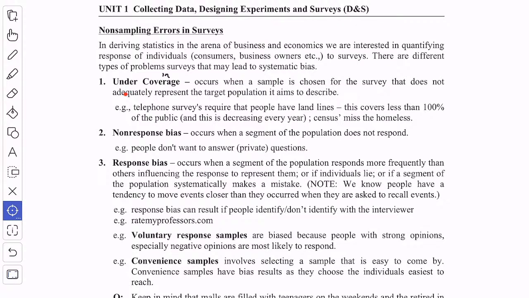There's undercoverage. Undercoverage occurs when a sample is chosen for the survey that does not adequately represent the target population that it aims to describe.